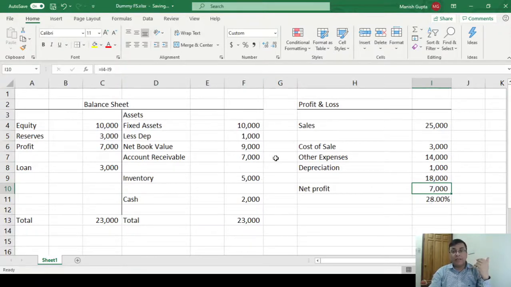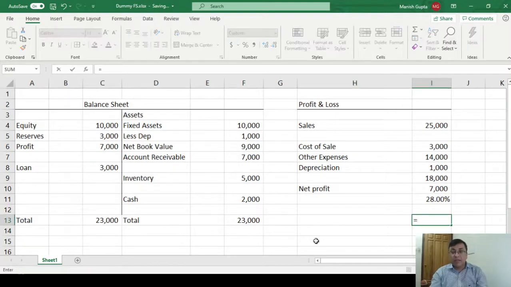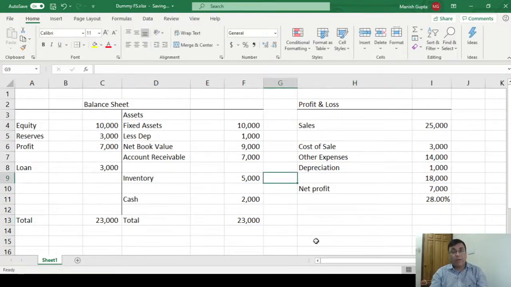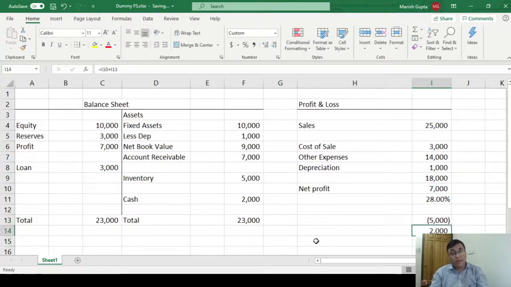Since the accounts receivable has increased, when we prepare the cash flow we will reduce the incremental part. Even though the net profit here is 7,000, the incremental accounts receivable was 5,000, so you will have to reduce the 5,000 from the profit. Your cash from operations will again be only 2,000. This is how you can capture the fictitious sales, right?